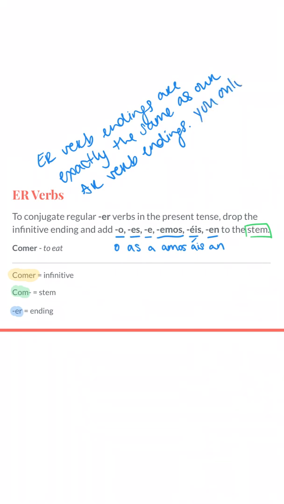You only switch the A's with E. All right, and that is the big reveal. Easiest component ever, right? Just remember the o, as, a, amos, áis, an, and then you definitely have the ER verb endings. Let's look at it in a chart.